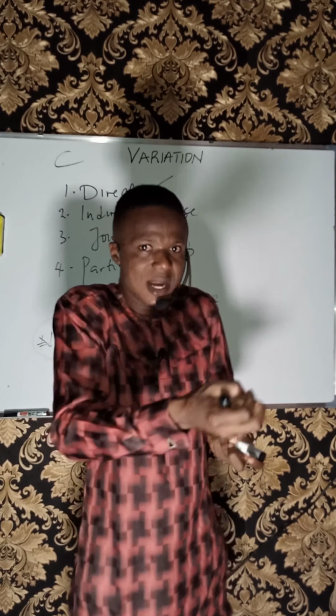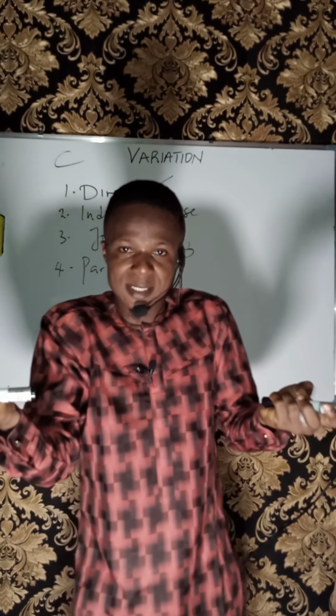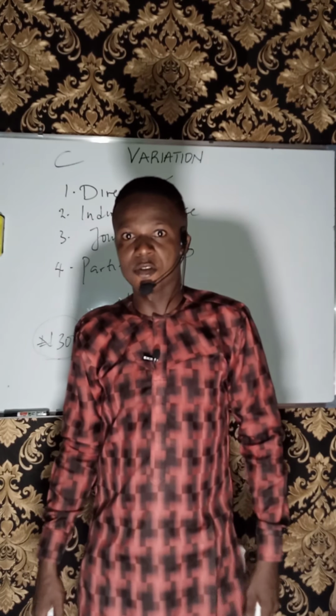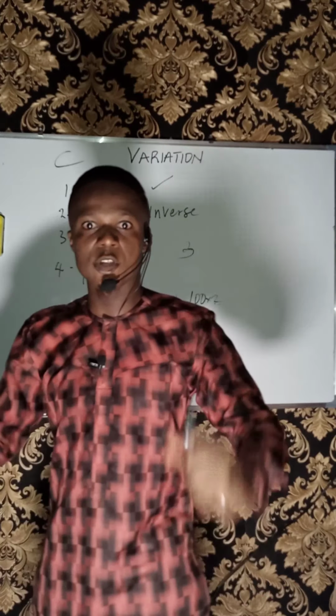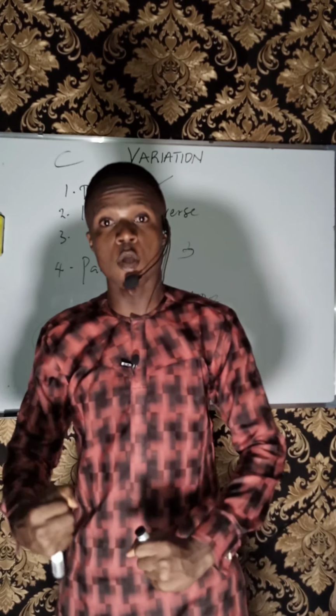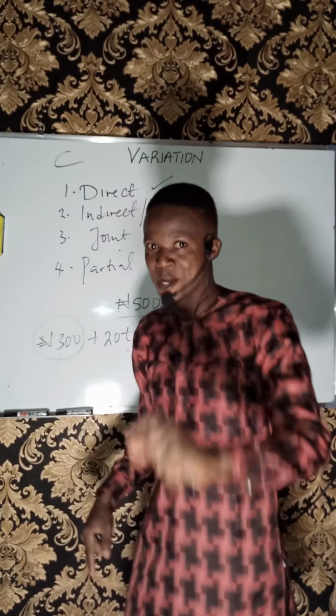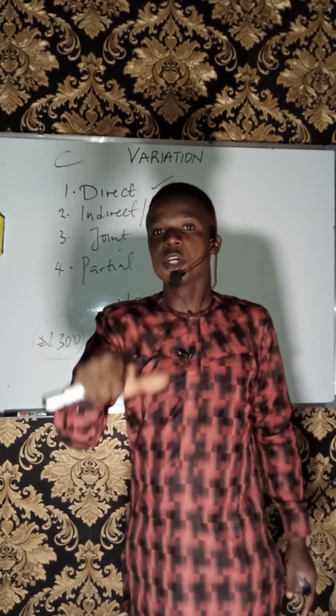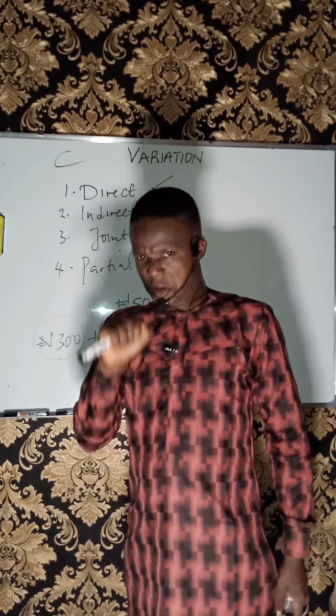Do you not see that the strength of the men you are talking about is no longer the same thing? Therefore, there is no constant there. That relationship will not hold. But if you call somebody like me, a very strong man like Esomnofu, to do the work, under 1 minute, I will finish that work for you. You can now see that for the relationship between two or more quantities to hold, there must be a constant.